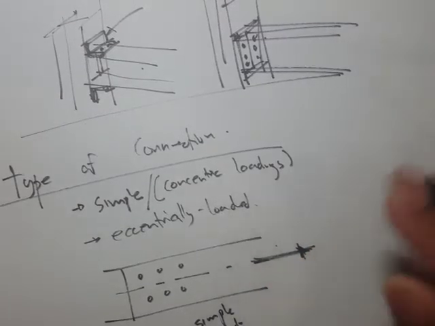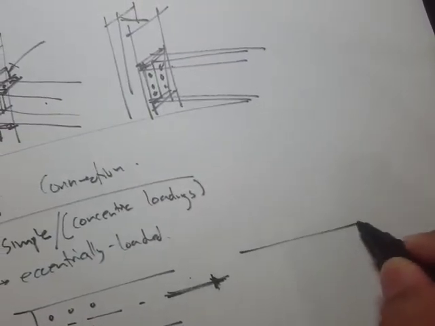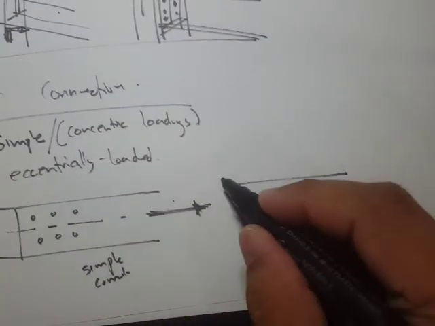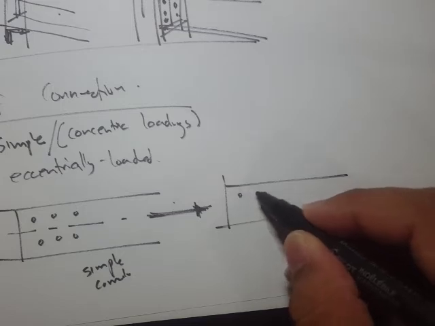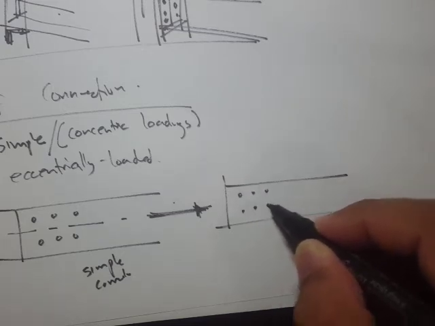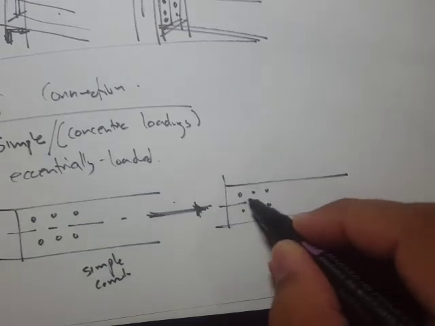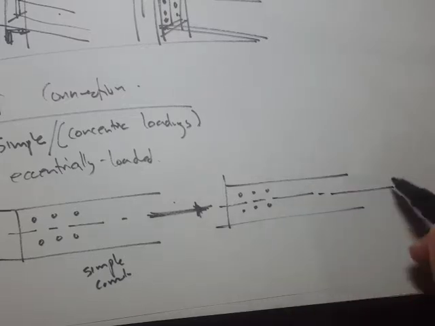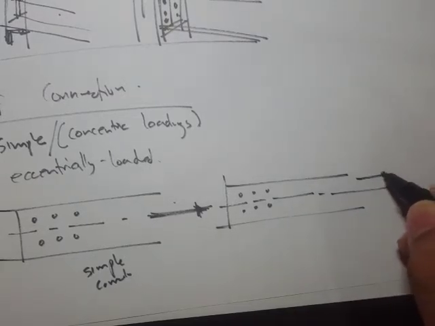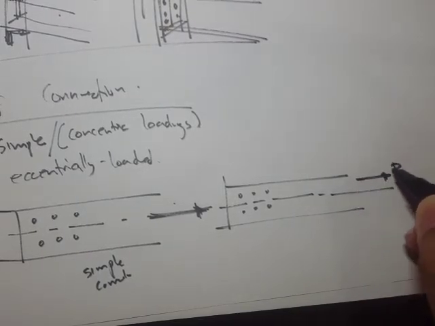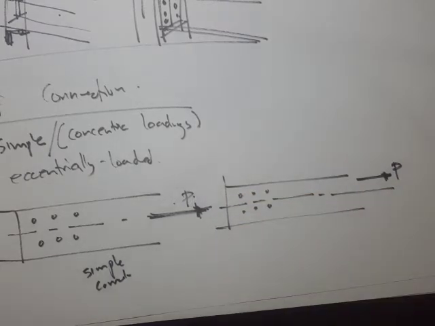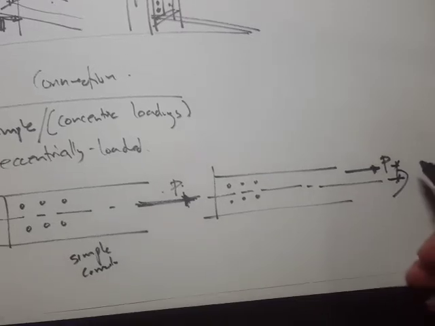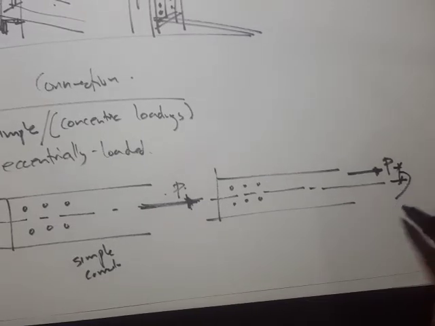But if we have a loading that's not on the centroid, let's say this is the centroid and the loading is somewhere right here, then any eccentricity is inducing a moment.